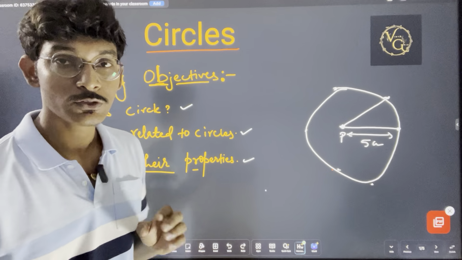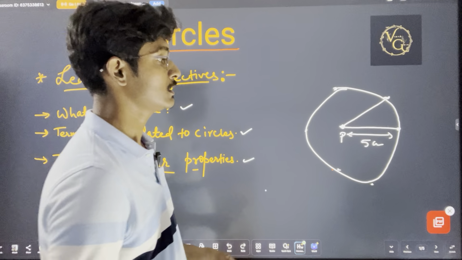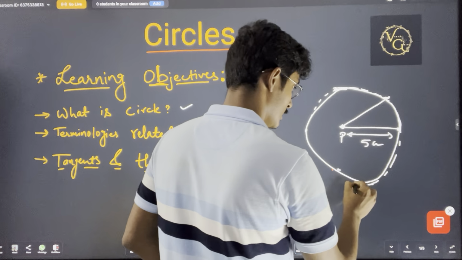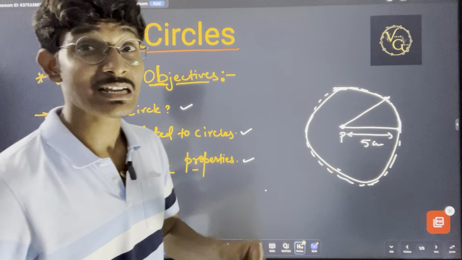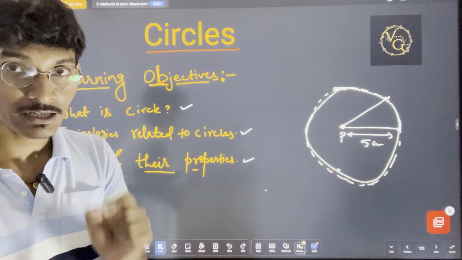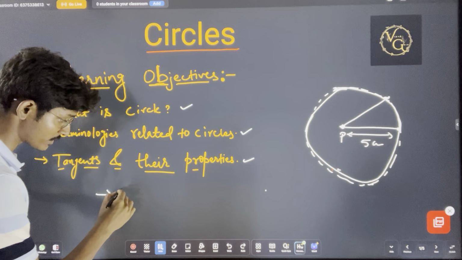Okay, so if you talk about the basic definition of circle, it's a locus of all the points which are having the same distance from a fixed point. Okay, so if you want to write the definition you can write, but I don't think it's much important.